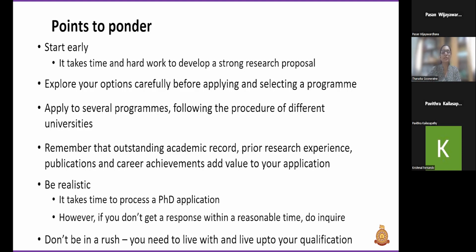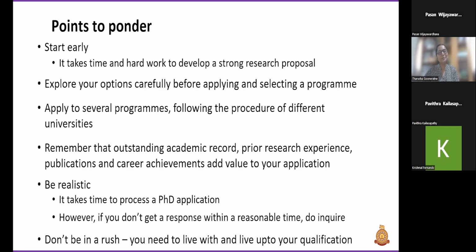So you need to be conscious about these timelines, keep track of them, and being mindful of all those timelines, if you still have not got a response, it's always good to politely inquire and ask what's happening. But the next day you apply, don't be a nuisance and send emails to the admission office. So you need to understand what the timelines are, and if there's a delay and if you haven't heard from them, only then you need to really approach.